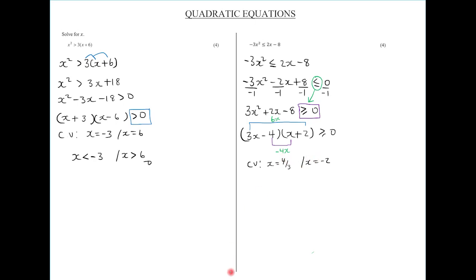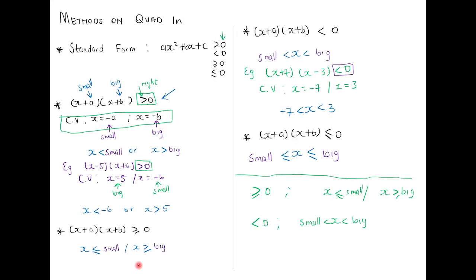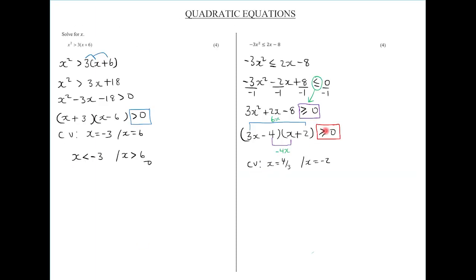Now I go back into my inequality. Remember, at first it was less or equal, but it changed because we divided by a negative. So now it is greater or equal to 0. Now we need to revisit what we said about which way it points. Oh, it's pointing to the right side, so greater or equal to 0.